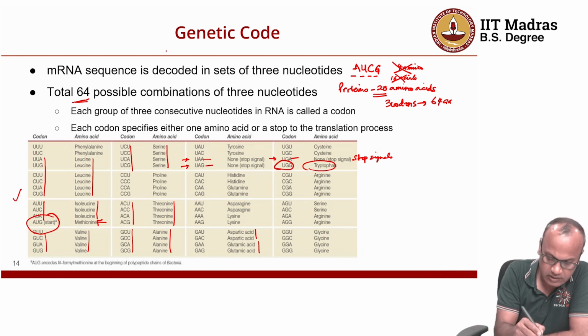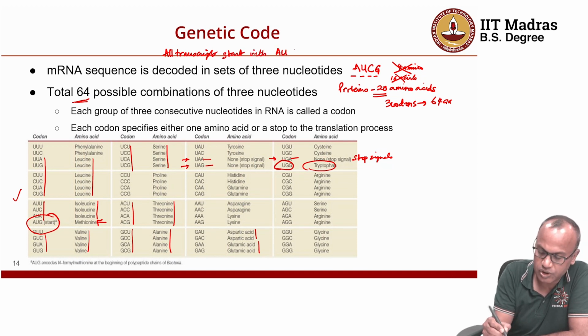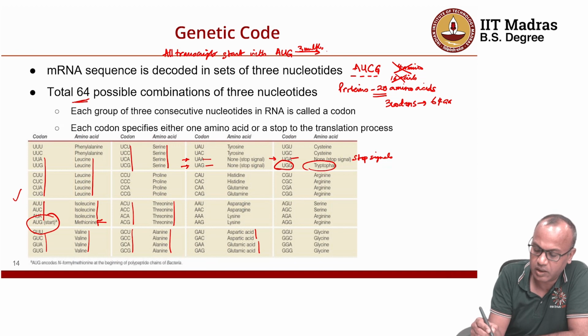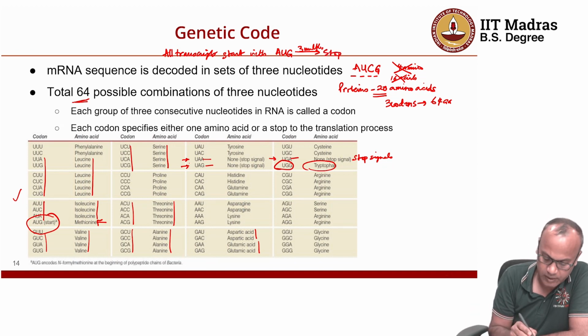So all transcripts start with AUG, are in multiples of 3, and end with a particular stop codon, which could be either UAA, UAG or UGA.